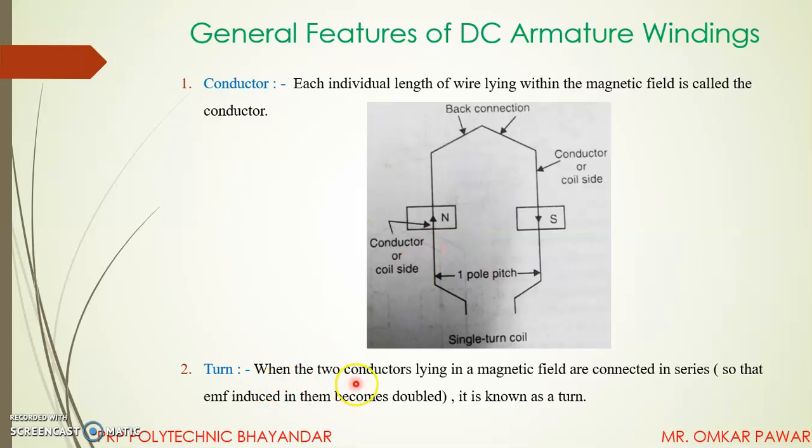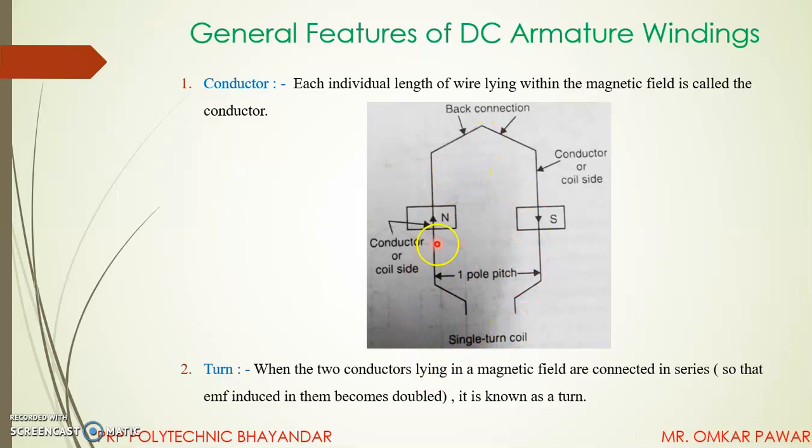The turn: when two conductors lying in a magnetic field are connected in series so that the EMF induced in them becomes double, it is known as a turn. So this is a single turn coil, that is, two conductors. This conductor under the N pole and this conductor under the S pole are connected in series with the help of a back connection.